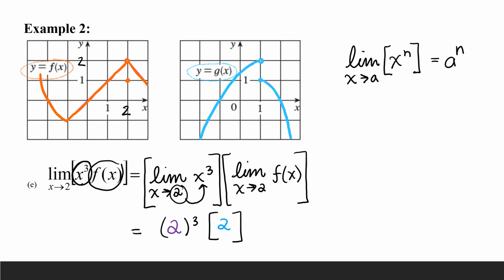So we have 2 cubed times 2. You can either think of this as 2 to the 4th, or you can think of it as 2 cubed is 8. And then 8 times 2 is 16. So the limit as x approaches 2 of the quantity x cubed times f of x is equal to 16.